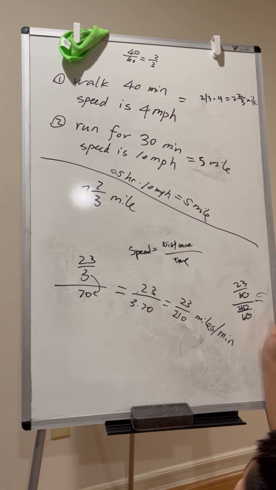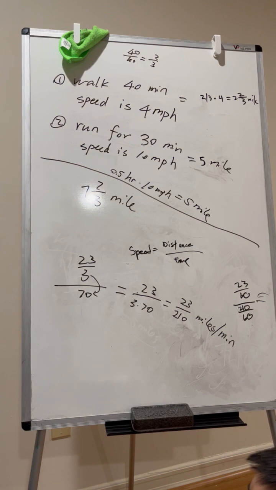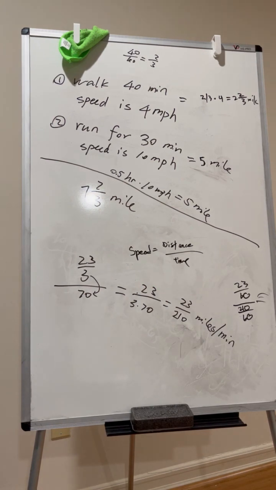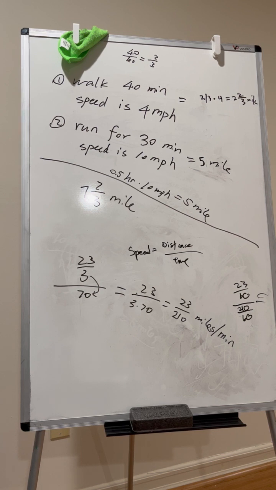Why do you divide both by 60? Because 60 is the hour. What does 23 divided by 60 mean? It means the number of hours in 23rd of an hour. No.